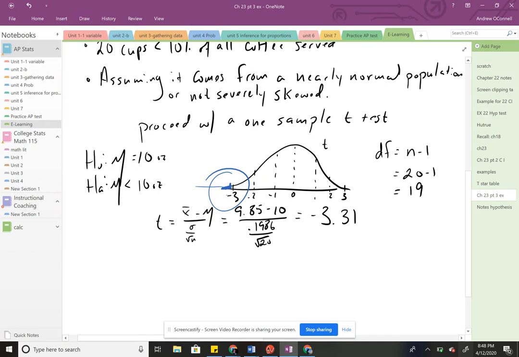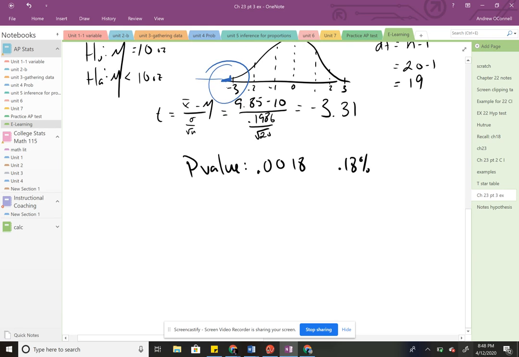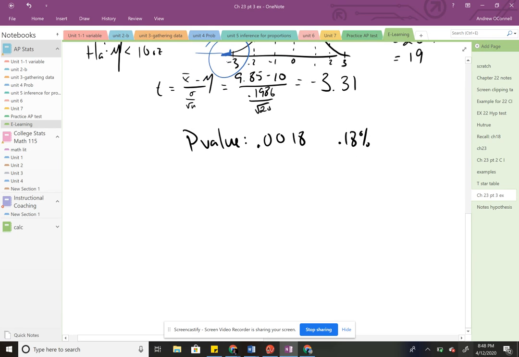And that's our p-value. So we don't double it because it's just a one tail, but that's a way low probability. 0.18 of 1%. So you could say with such a low p-value, we're rejecting.